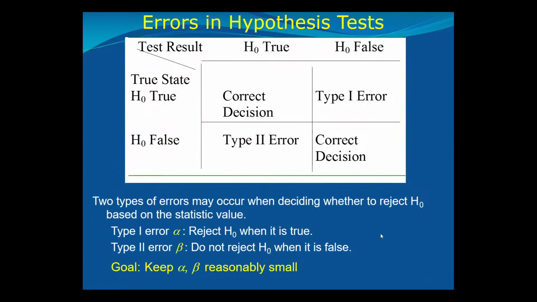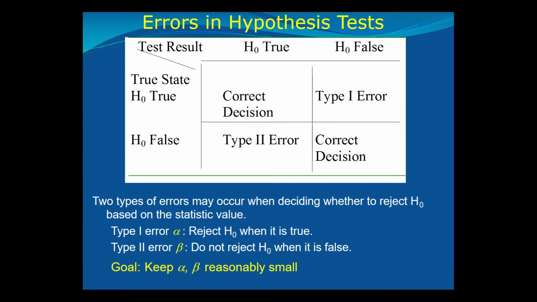On this slide, you see these two types of errors in hypothesis tests. Two types of errors may occur when deciding whether to reject H0 based on the statistic value.